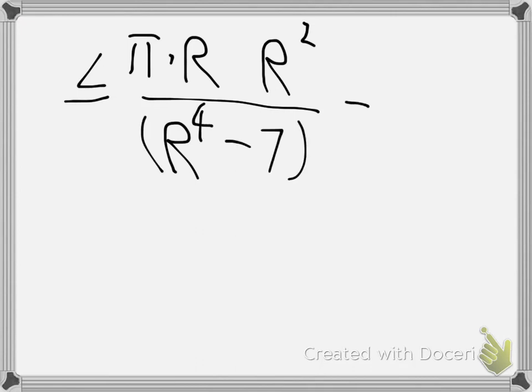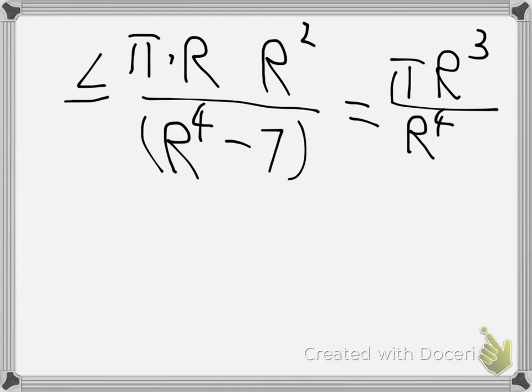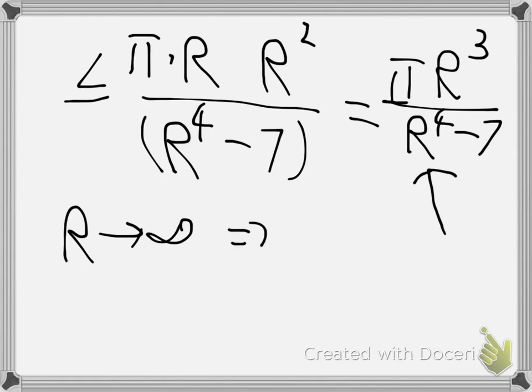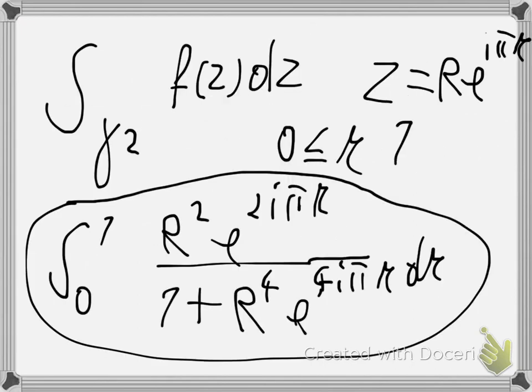And so you get pi r to the 3rd power over r to the 4th minus 1. This can be proven, but I won't do it here. Here you can see that you have a bigger power in the denominator, so if r goes toward infinity, this value will just give us 0. So our integral is smaller than 0, but it also needs to be bigger than 0 because it's a length. And so the integral around gamma 2 will give us 0.